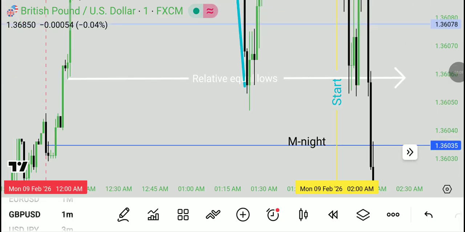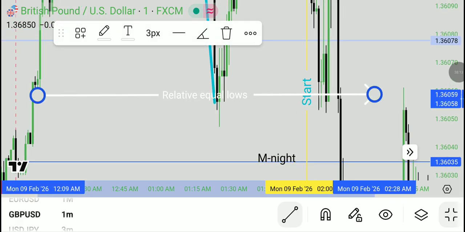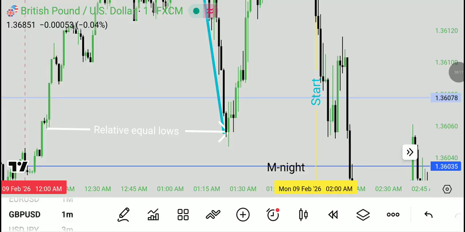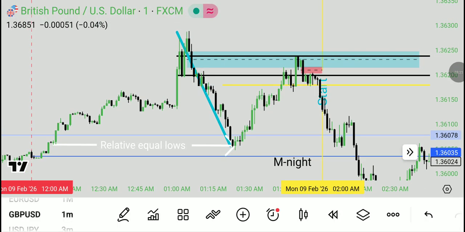It only forms relative equal lows. You can see. Hope you understand what I mean.